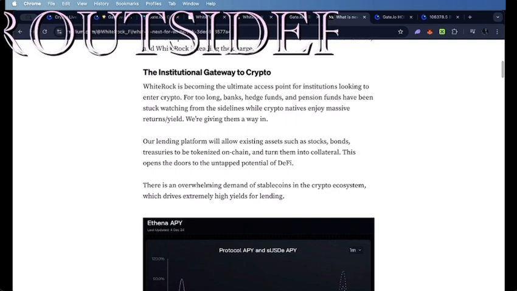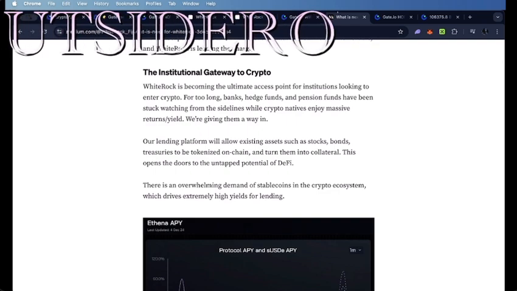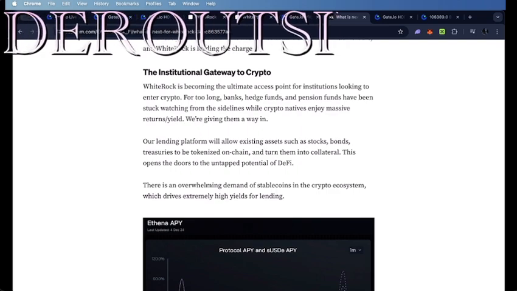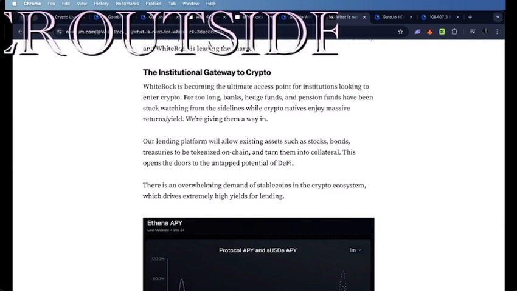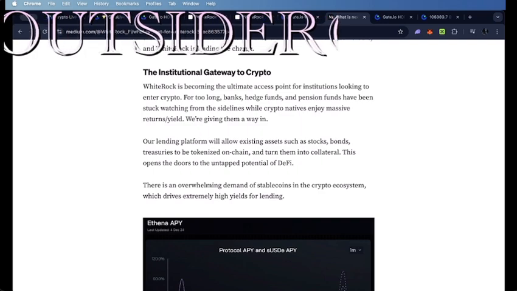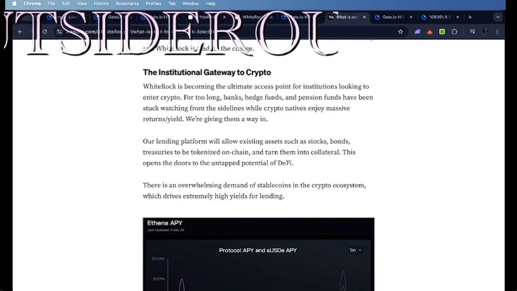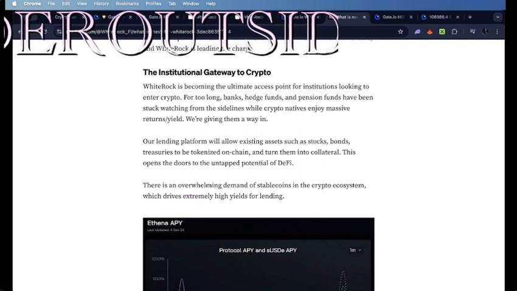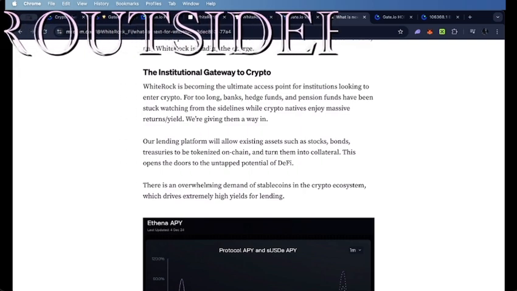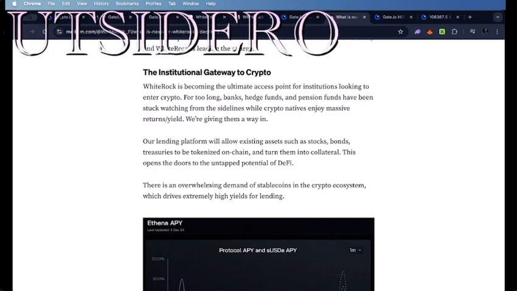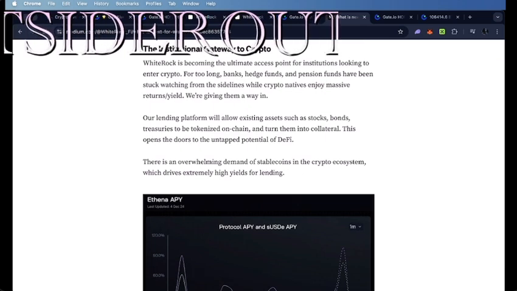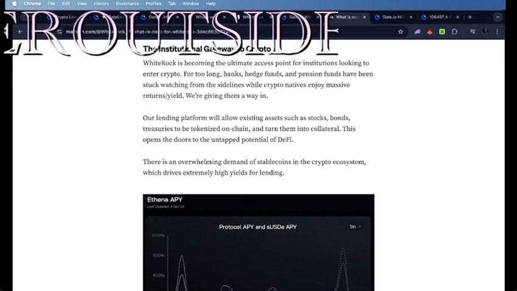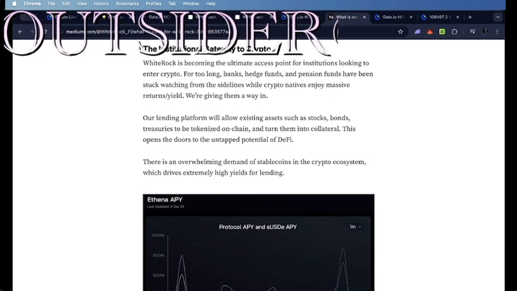The institutional gateway to crypto. BlackRock is becoming the ultimate access point for institutions looking to enter crypto. For too long, banks, hedge funds, and pension funds have been stuck watching from the sidelines while crypto natives enjoy massive returns and yields. We are giving them a way in. Our lending platform will allow existing assets such as stocks, bonds, and treasuries to be tokenized on chain and turned into collateral.